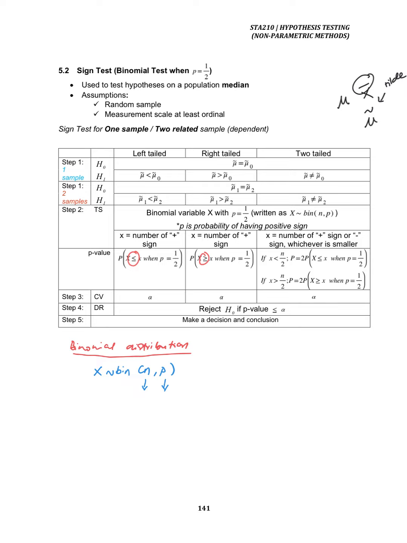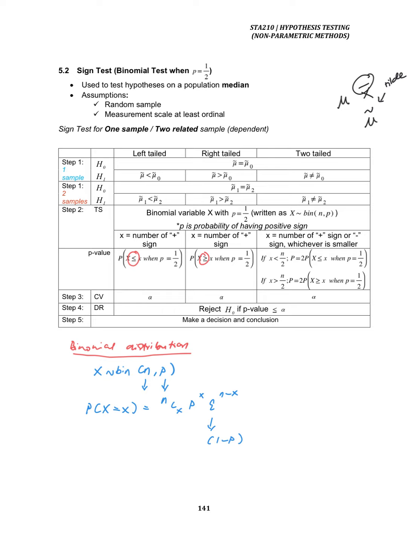And if we want to find the probability of X equals x, if you still remember, the formula is given by nCx p to the power of x, q to the power of n minus x, where q is 1 minus p. So I hope that you still remember how to calculate the binomial probability.